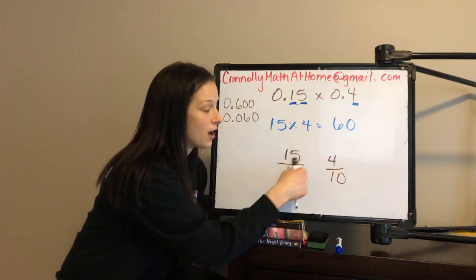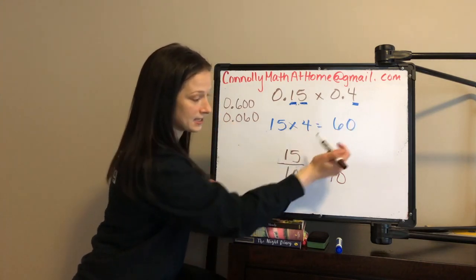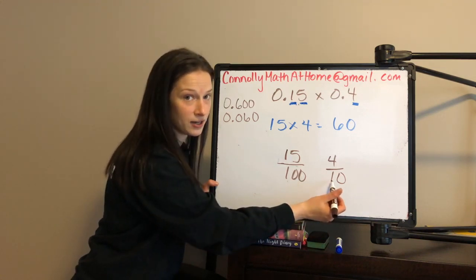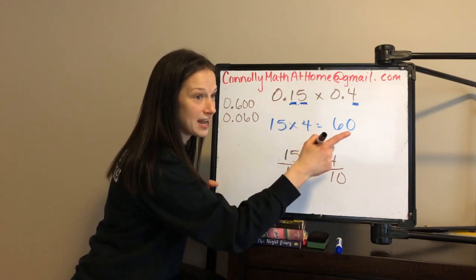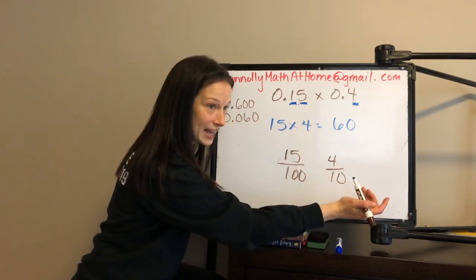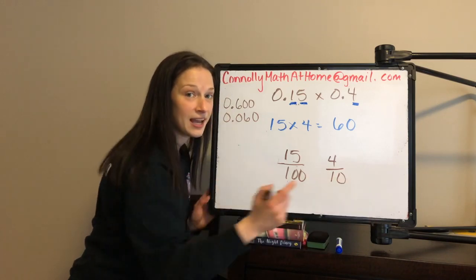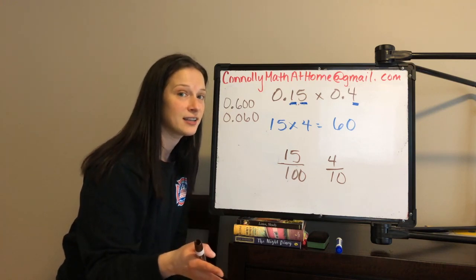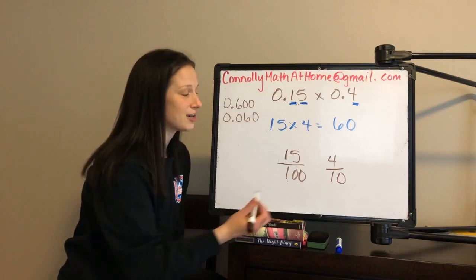Okay? So I know that my product has to get 100 times smaller and then 10 times smaller. And you know that if it goes 100 times smaller and then it gets 10 times smaller again, that it's getting 1,000 times smaller. And if you didn't have that understanding just yet, you get to use another strategy that I taught, which is thinking about this like fractions.